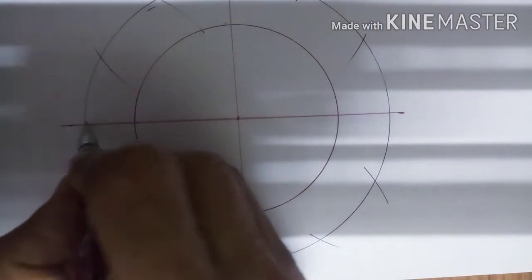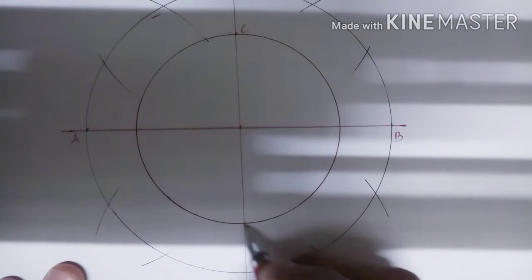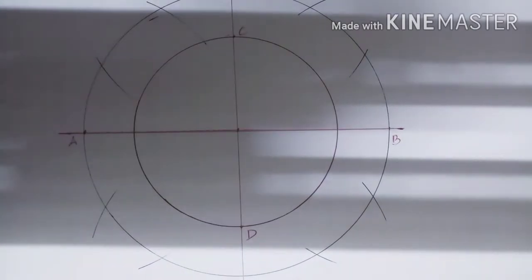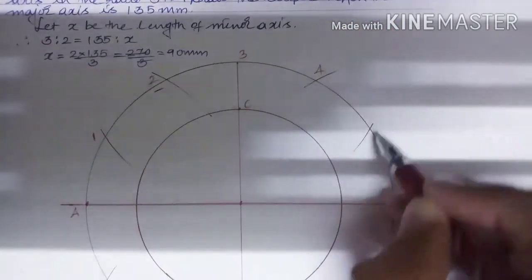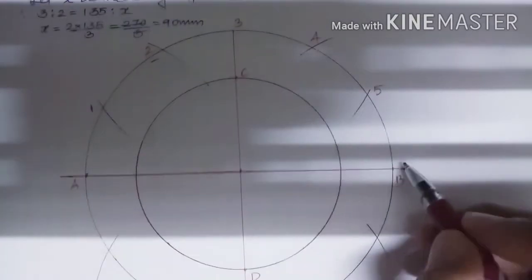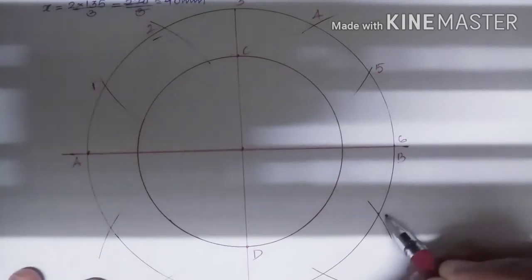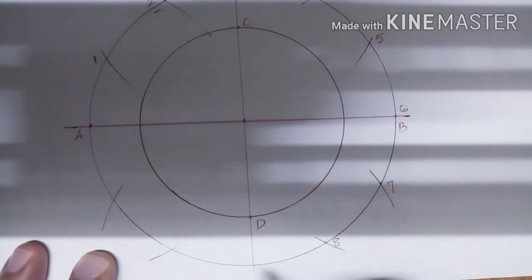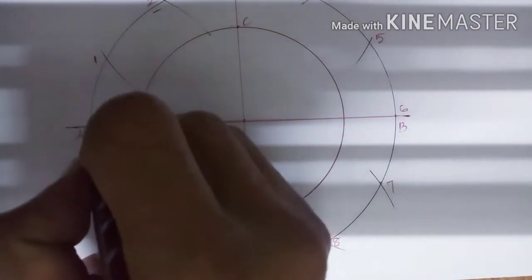Name these points as A and this as B and this point as C and this point as D. Then mark the points as 1, 2, 3, 4, 5 and this is 6, 7, 8, 9, 10, this is 11 and this is 12.